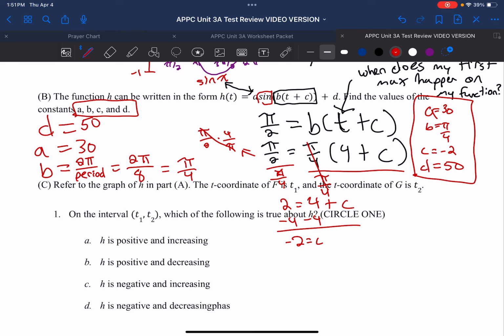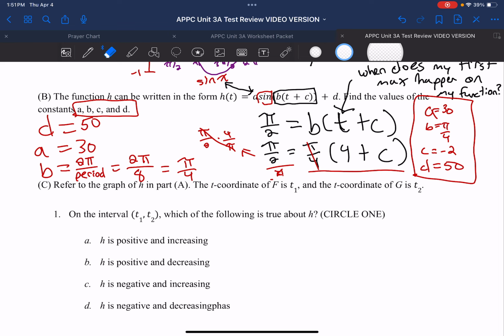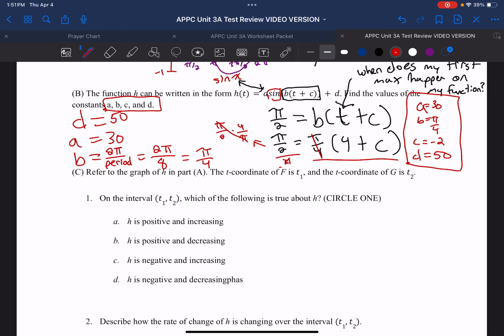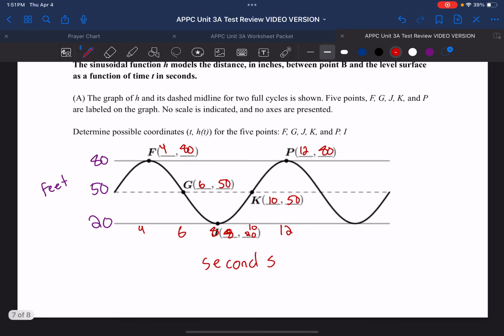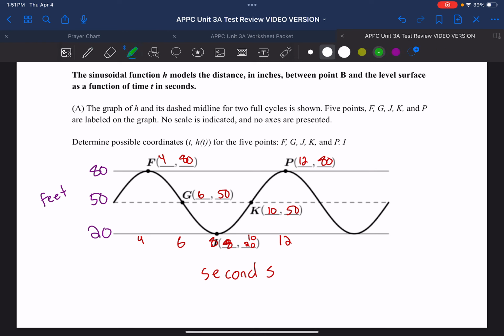So now let me erase part of this. So the next questions are a little easier from here. So refer to the graph of H in part A. The T coordinate of T1 is at F, and T2 is at G. So on my graph, I'm looking from F to G. Let me highlight that.